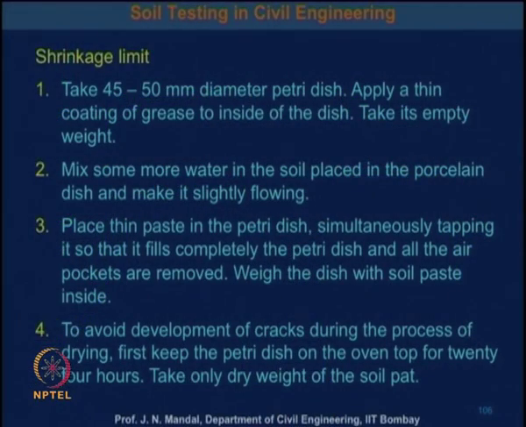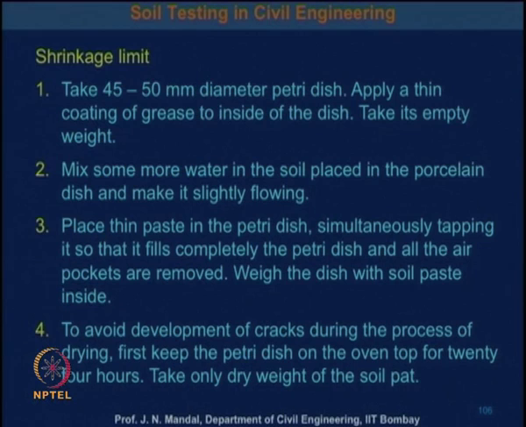Now, I will talk about the shrinkage limit. Take a 45 to 50 millimeter diameter petri dish and apply a thin coating of grease to the inside of the dish, and take its empty weight.